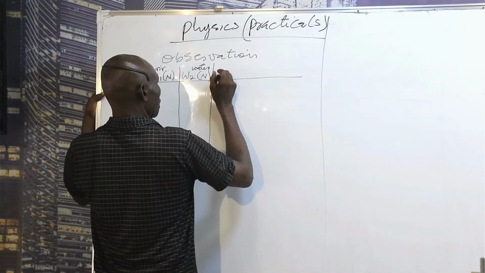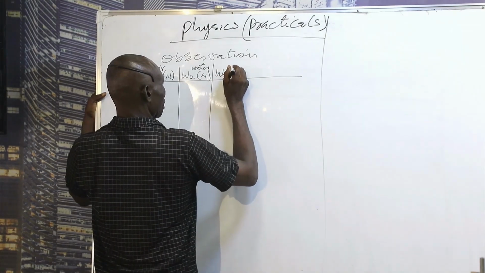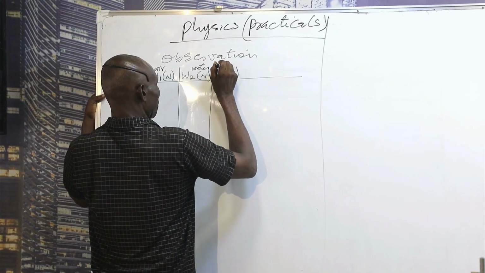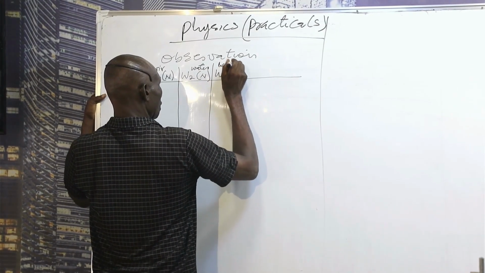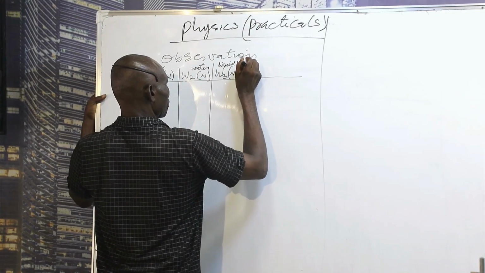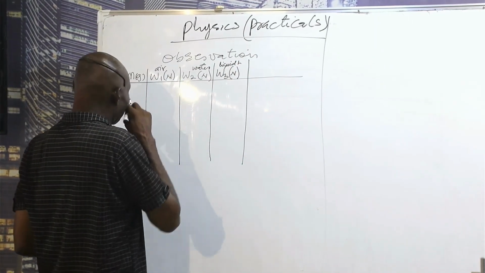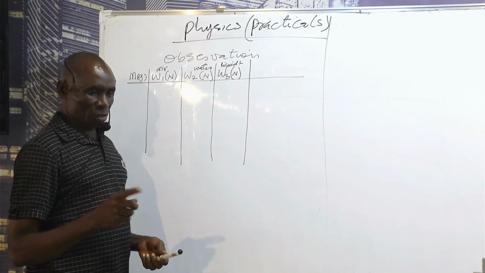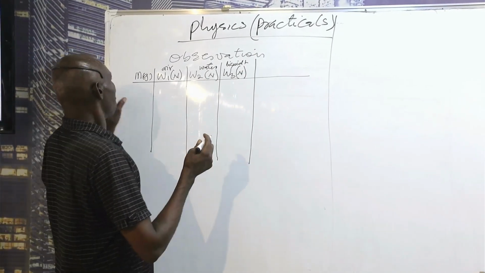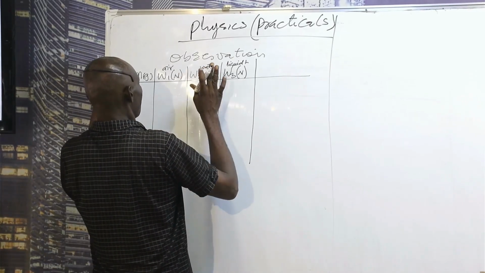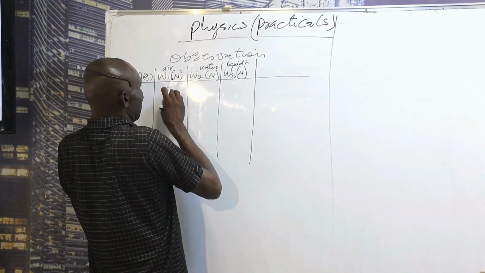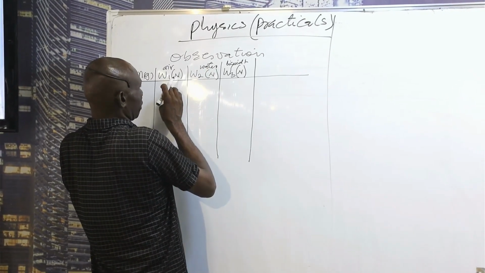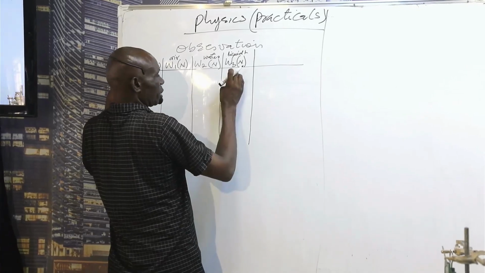This is the W3 in Newton when it is in liquid L. Then after this, for you to proceed, you must know the difference between, or the upthrust between air, the upthrust of this particular weight in water, the upthrust in liquid.